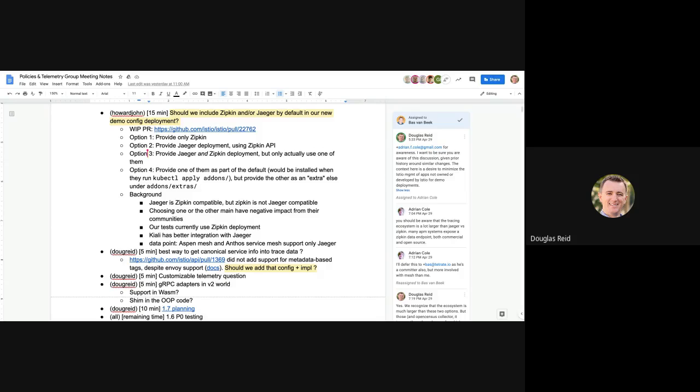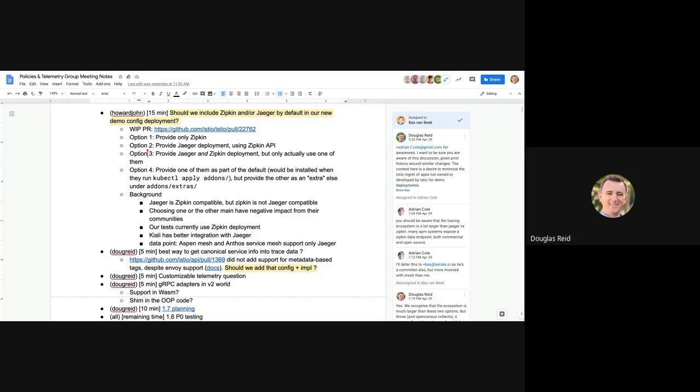And what's your feeling about if Skywalking or whatever wants to be in that add-ons folder? We will. I think that's a good question. Does Skywalking have similar adoption as these two? These are the questions that I would ask. I don't know enough about its community.